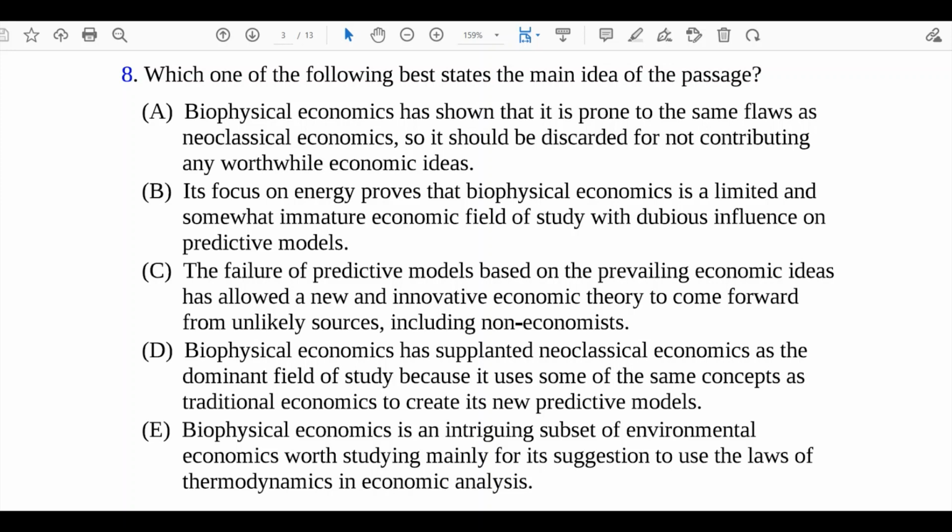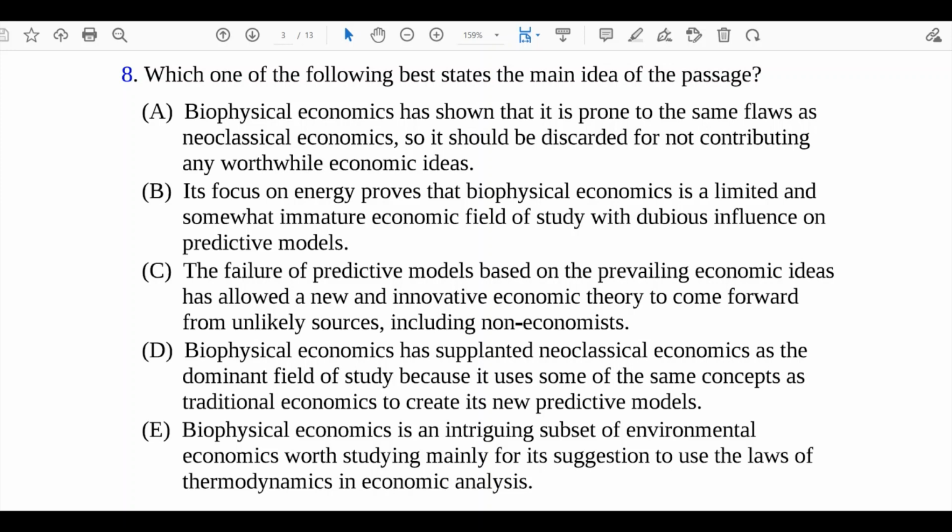C option. The failure of predictive models based on the prevailing economic ideas has allowed a new and innovative economic theory to come forward from unlikely sources, including non-economists. D option. Biophysical economics has supplanted neoclassical economics as the dominant field of study because it uses some of the same concepts as traditional economics to create its new predictive models.